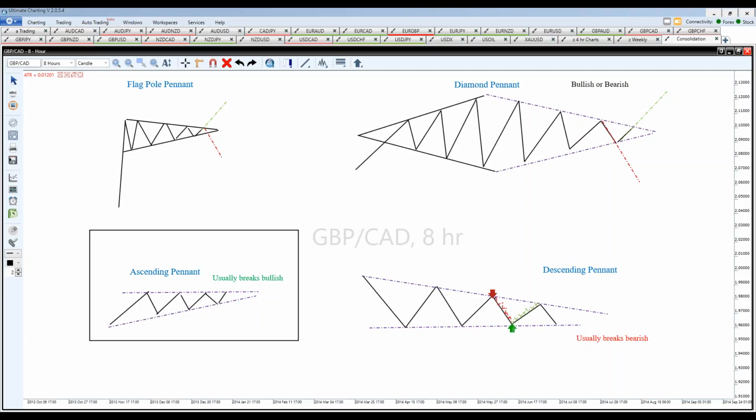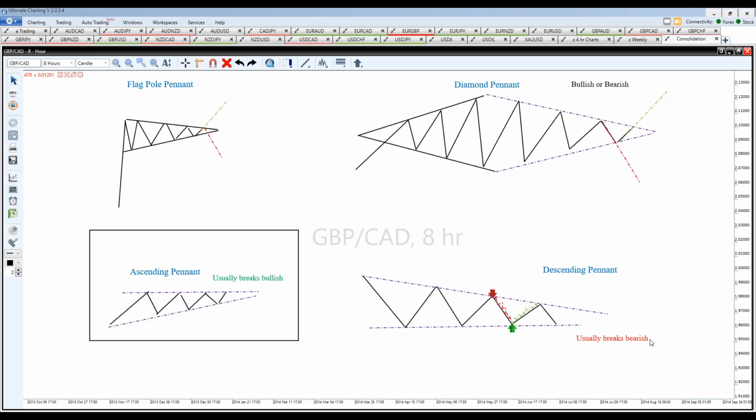Hence the name ascending pennant. The breakout on this type of formation tends to be bullish. You see that there is more pressure for the market to continue going up, forming higher lows of support and equal levels of resistance.